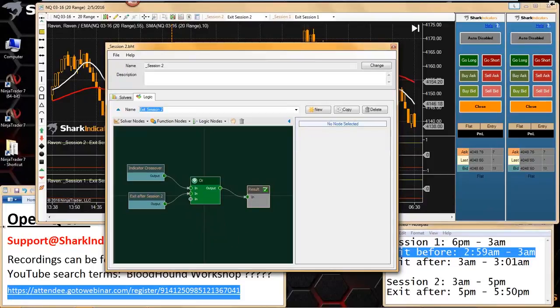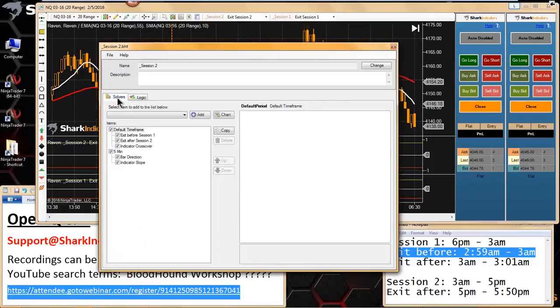Let's see, Joe is suggesting Thomas could add a time-based time frame. No, Joe, actually that would not work. Let's play around with this here. This kind of goes back to the original question this morning.